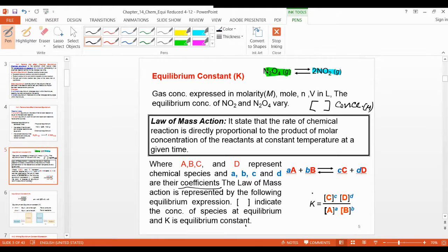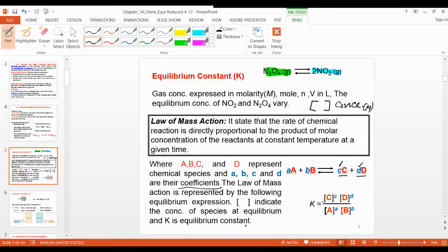So when you write down this K, you write the molar concentration, which is always in moles. The molar concentration of the product raised to the power of its coefficient, divided by the molar concentration of the reactant raised to the power of its coefficient. This is simply the expression of the law of mass action. So there is no need to write whatever is written there.